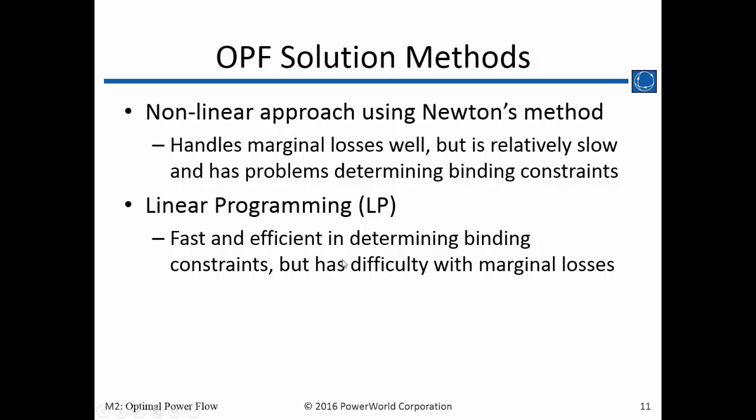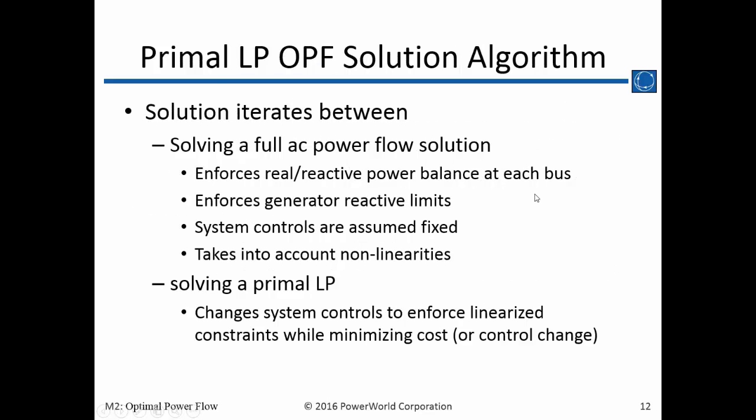So, and then determining how to change the dispatch of generation in order to balance and meet the constraints that really do matter. So linear programming algorithm is very efficient at doing that, which is kind of key. And in a power system, like I said, most of the limits don't matter. It's just a handful of them that do matter, so you don't need to plug them all in to an algorithm like the Newton's method.